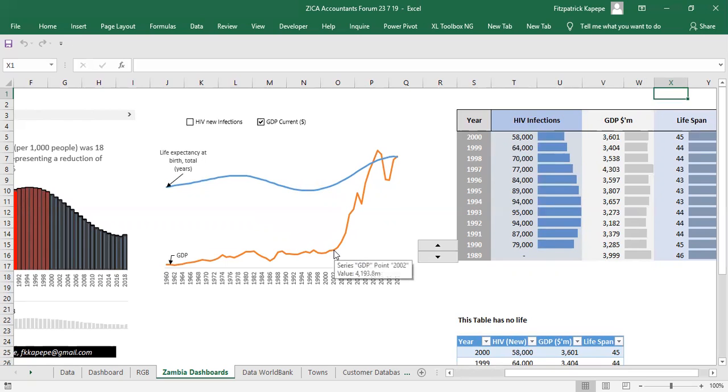The GDP grew from 4.2 billion up to the time of his death, when it was at 17.9 billion. So he grew the economy about $13 billion, but obviously there were underlying reasons for that.